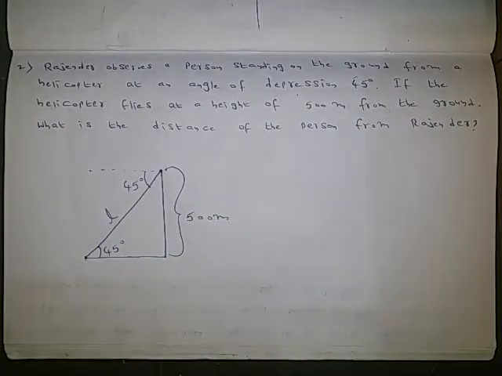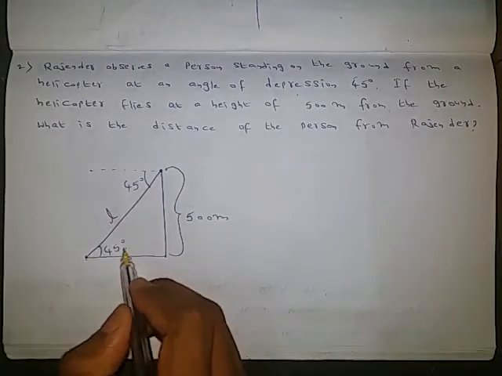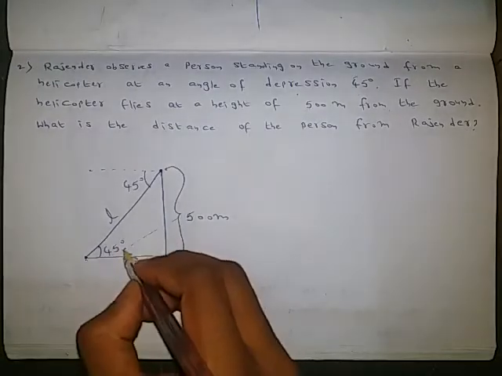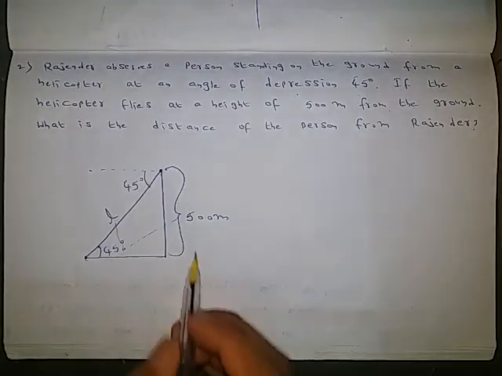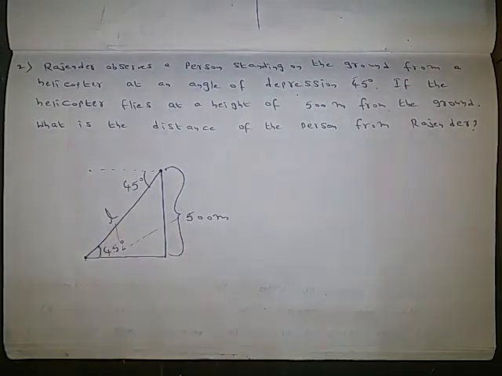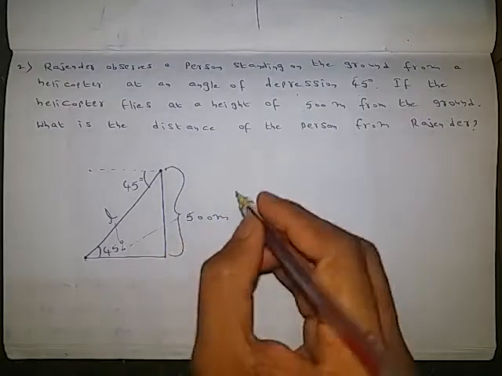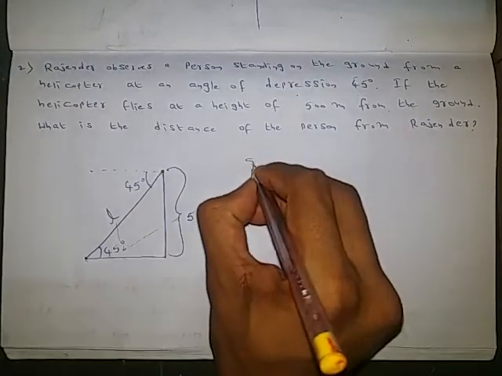Now if we observe the figure clearly, this angle, this will become opposite, and this is hypotenuse. Opposite and hypotenuse: we have two trigonometric ratios related to that, one is sine and one is cosecant. So in this case I am taking sine, for this angle 45 degrees.